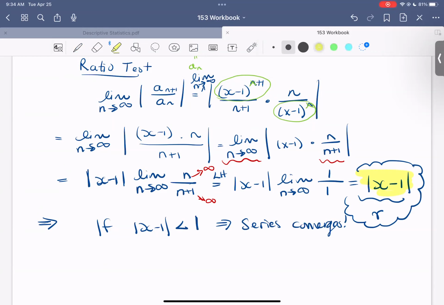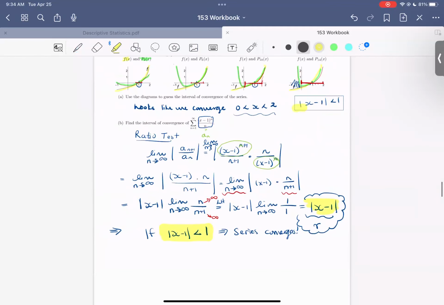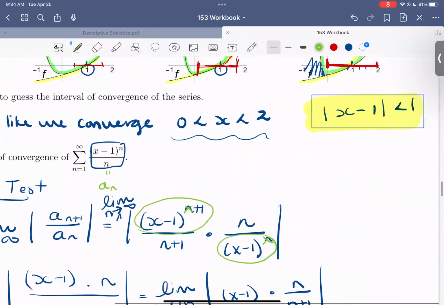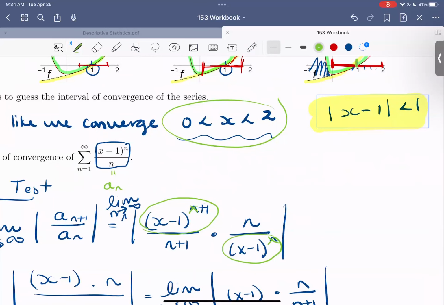So the interval of convergence looks like the absolute value of x minus 1 needs to be less than 1, and we actually saw that also with our guess. One way we see that this is in fact the interval we were first given is by just identifying that center. Then we know the distance from x to that center has to be within whatever radius we have.